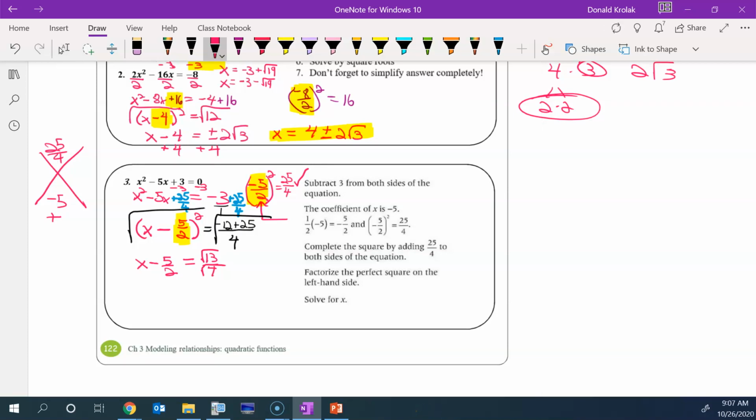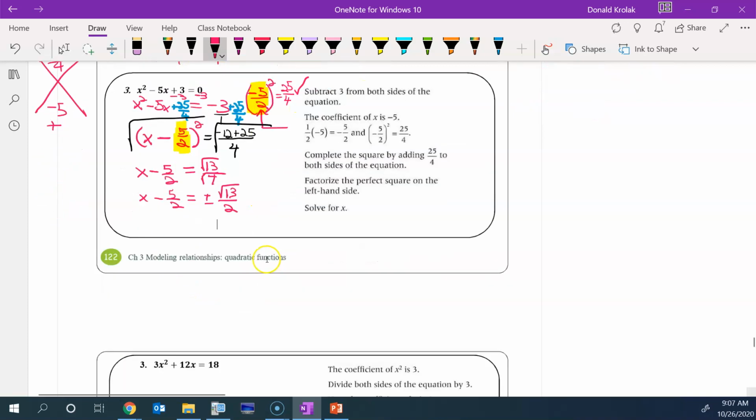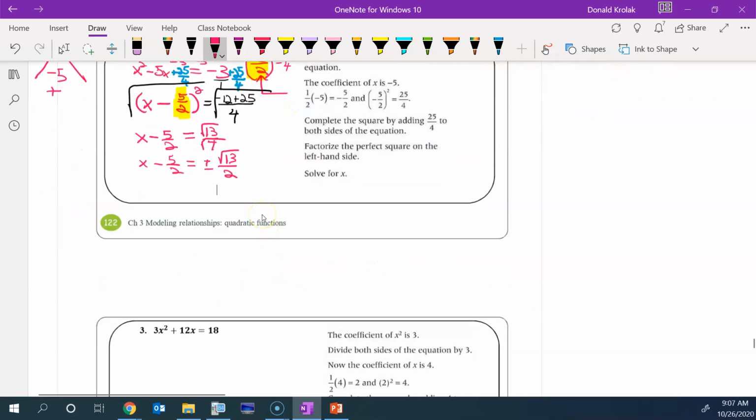So that's going to be 13 over 2. Plus or minus the square root of 13 over 2. Now add your 5 halves.